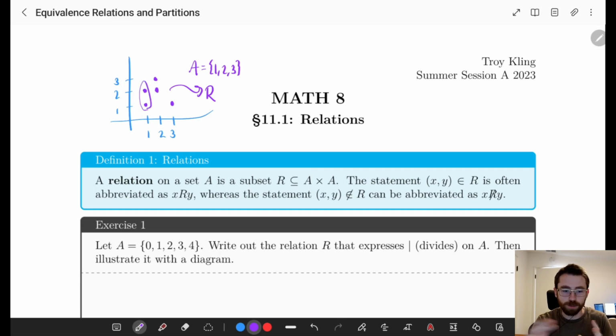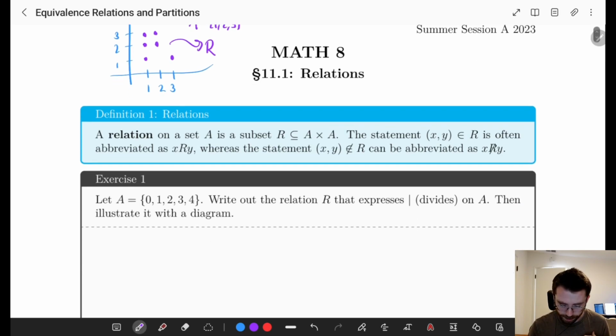So that's why I say it's more general. It's like a function with a condition relaxed. So a relation can have a single x value having as many y values as you like. In any case, let's try some of these exercises.